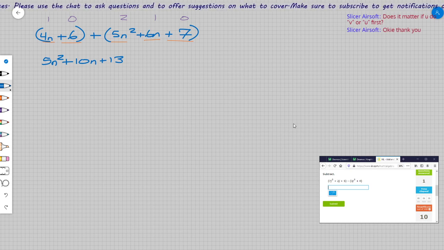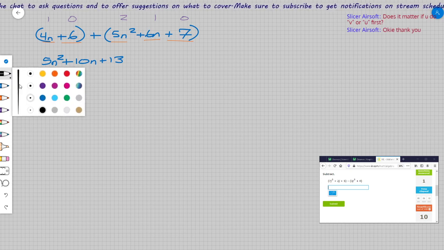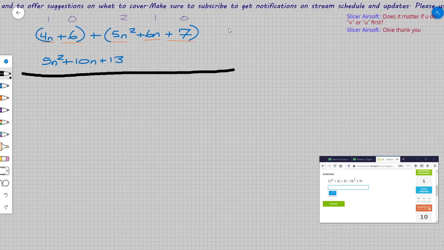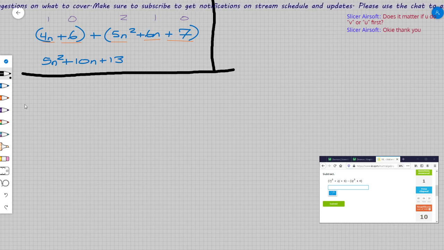And awesome, now we got a subtraction. So what I'm going to do is I'm going to write that underneath. I'm going to give us a nice little mark so we know that this is a different problem. Let's lock this in. And I'm going to work on the next one.